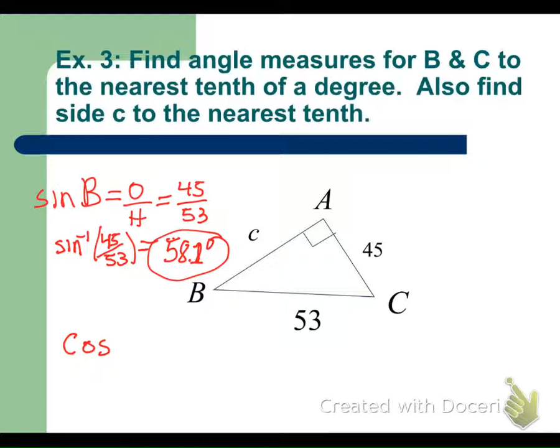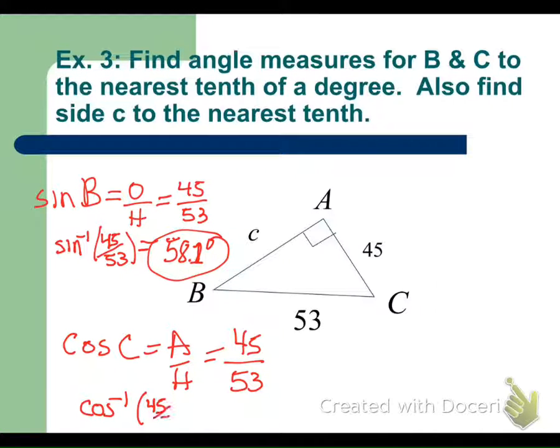Cosine of C equals adjacent over hypotenuse. Adjacent to C is 45, hypotenuse is 53. So we find the inverse of 45 over 53 equals what value?